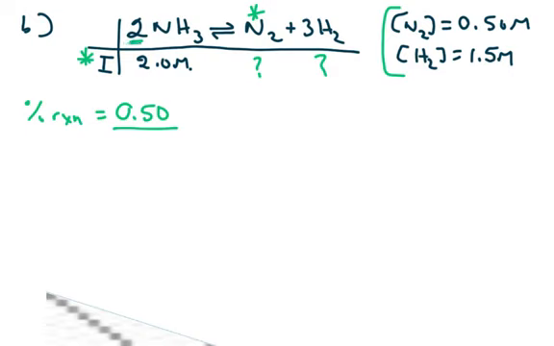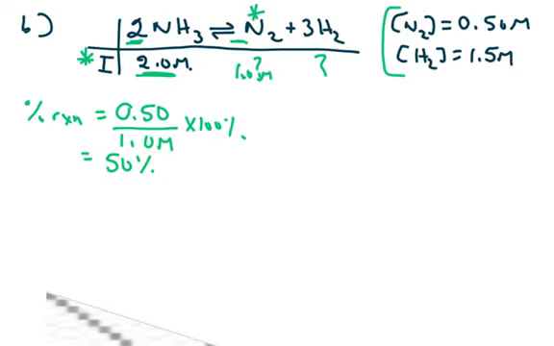So for every 2 NH3, we only get 1 N2. So if I have 2 moles per liter, I only get 1 mole per liter here. So this is my situation times 100%, and that's going to be a 50% yield. So if this is what I was making for my customer, this would not be great. Every time I did this reaction, only half of what I get is actually product.